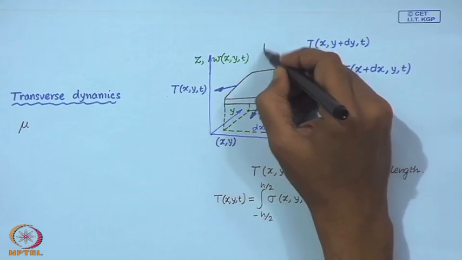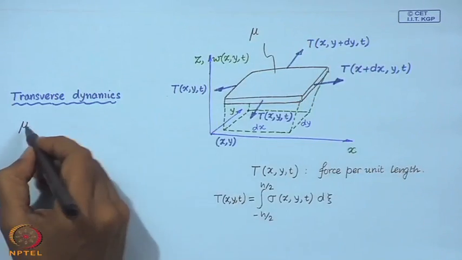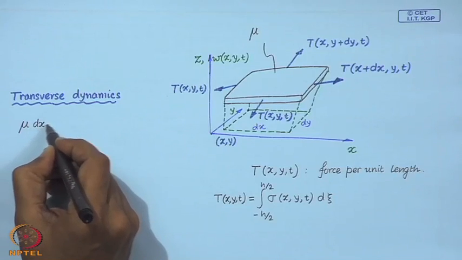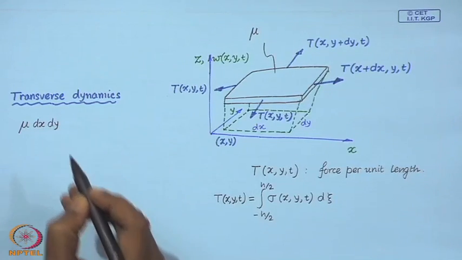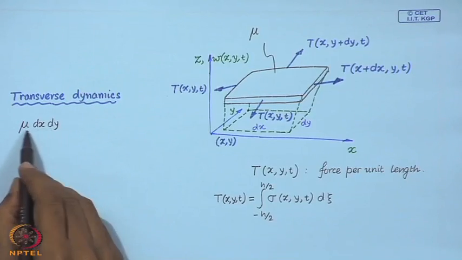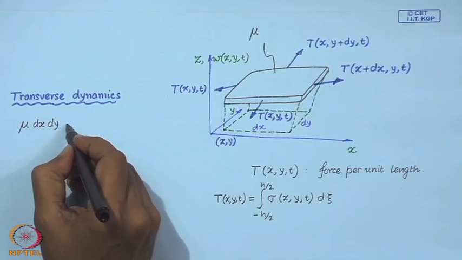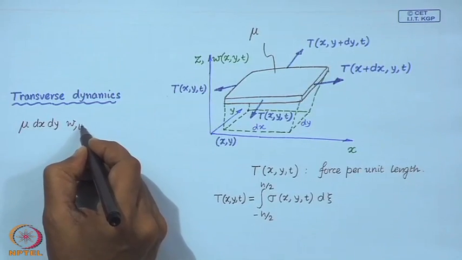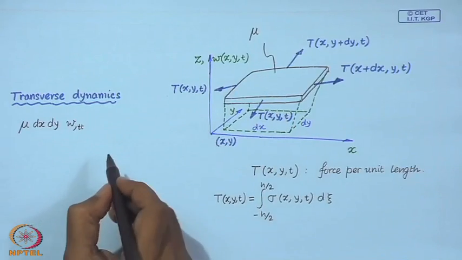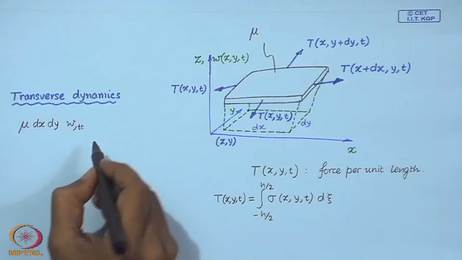So, the mass of this element may be written as mu times dx into dy. That is the mass of this little element, times the acceleration in the transverse direction, and that must be equal to the net force in the transverse direction.